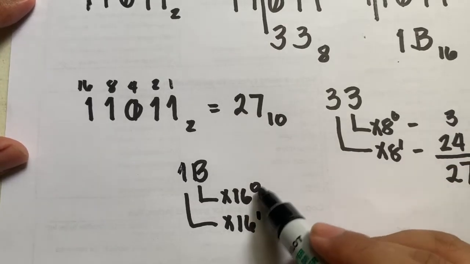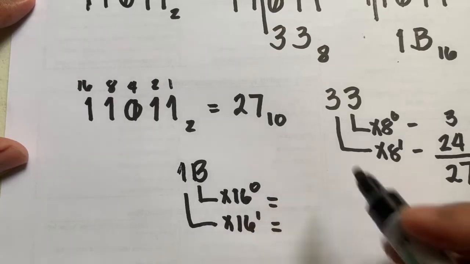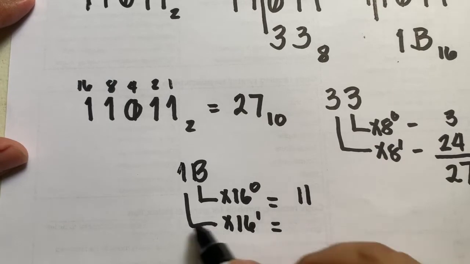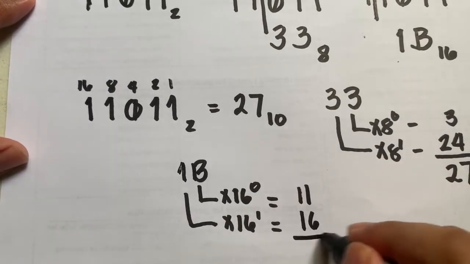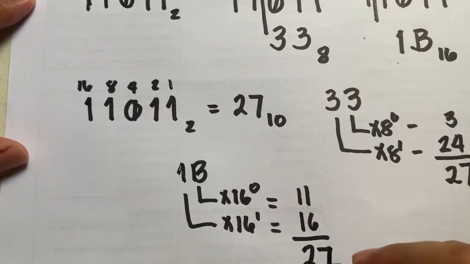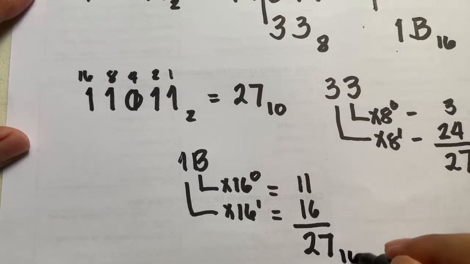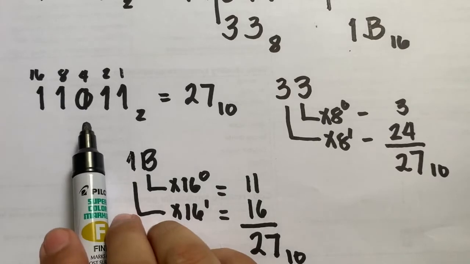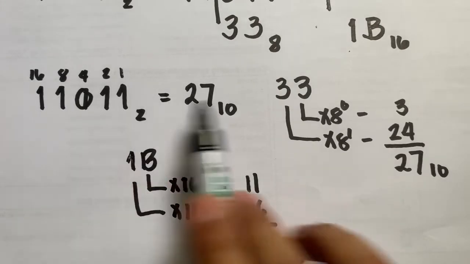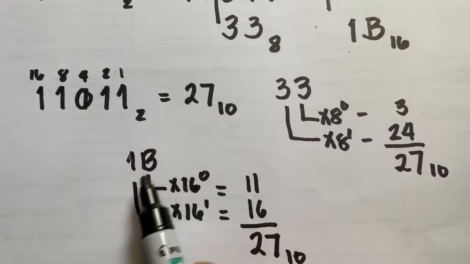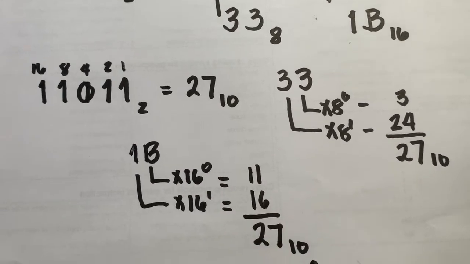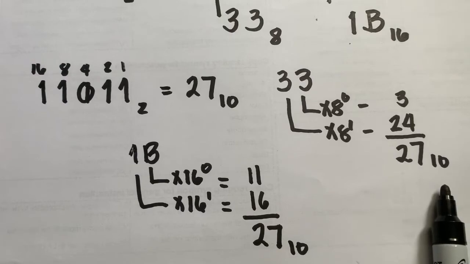Any number raised to 0 is 1, times B. B is 11, so we have 11. 16 raised to 1 is 16, times 1 is 16. So still we get 27. So you may use the positional value, or the octal equivalent, or the hexadecimal equivalent to convert that number into its decimal equivalent.